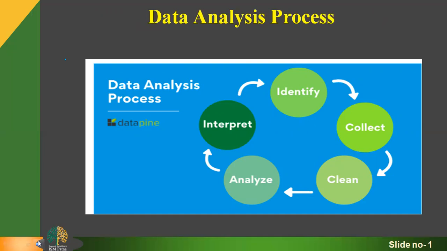If you see carefully, it starts from identifying the data sources, then collecting the data, then the third step, cleaning, making the data ready for analysis, and then analyzing, that means performing the analysis, then delivering the result, which will be interpreted for decision. So these five blocks help to understand how the entire analysis process is carried out in a business domain.